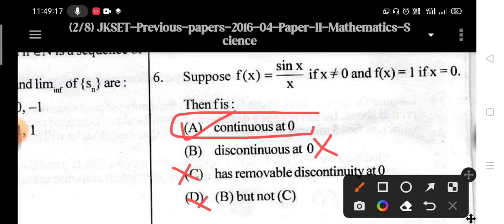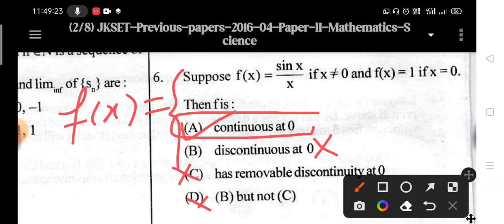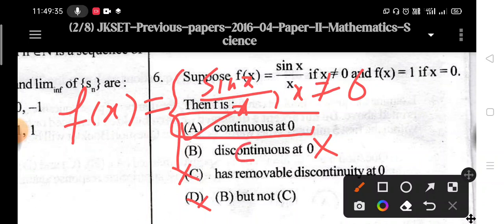This is a very nice function. You can play around with this function. Suppose I do a bit of modification in this function. This is sine x by x, x is not equal to 0, and if I write anything other than 1 here, suppose I write any c where c is not equal to 1 at x equal to 0, then this function will be having a removable discontinuity at 0.